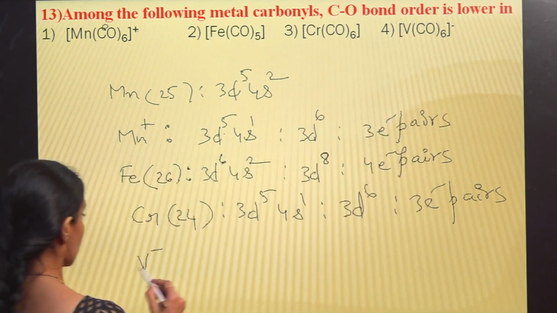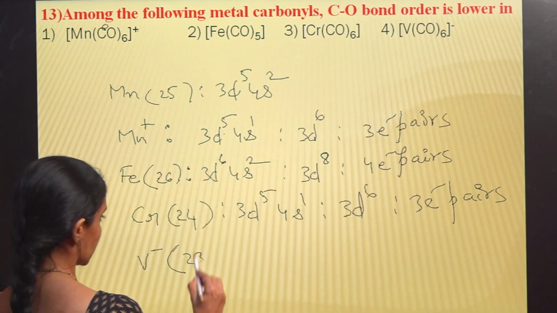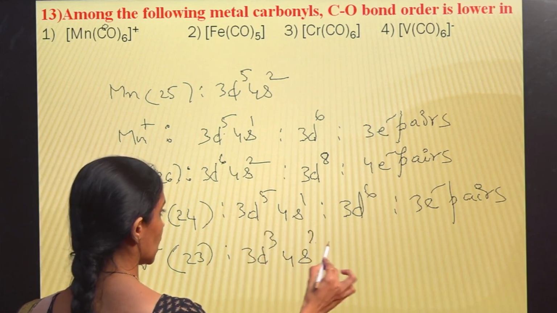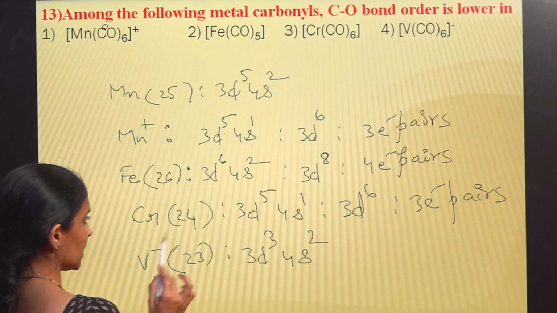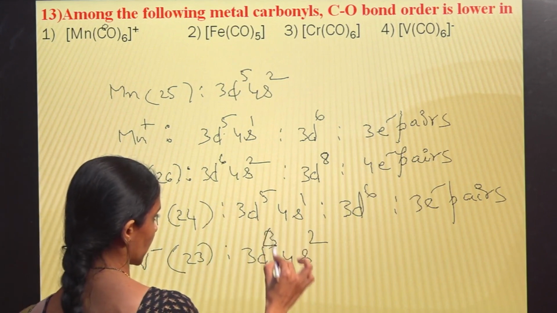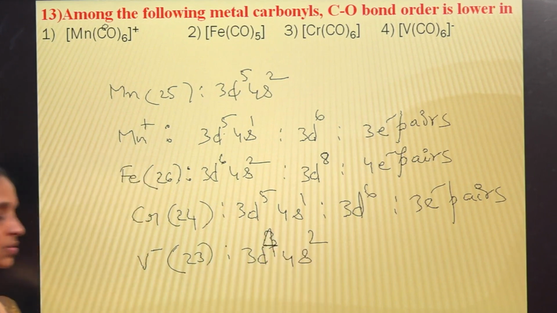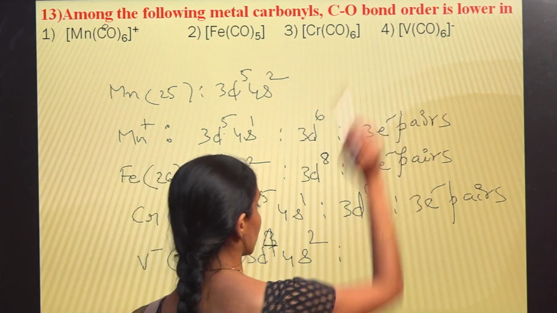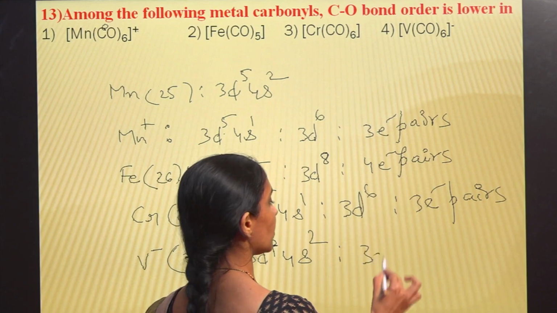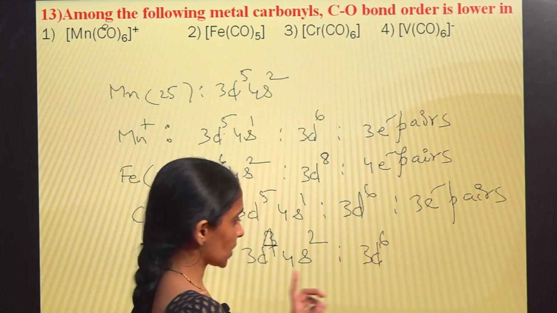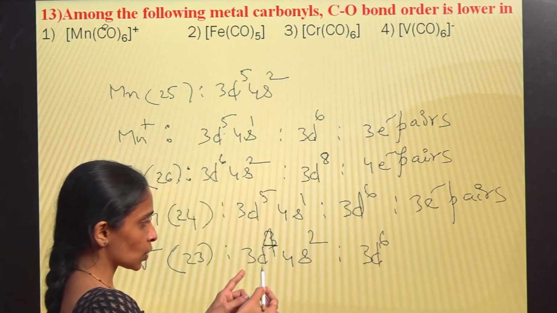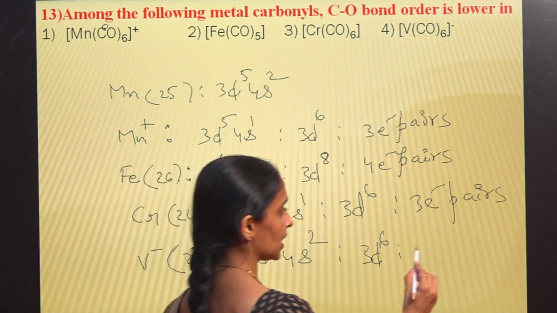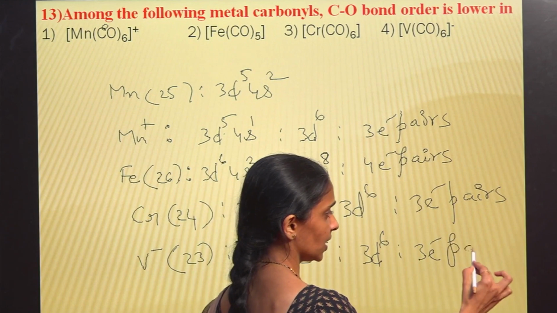Vanadium is 23, 3d3 4s2, but because of V minus, there is one extra electron. It makes it 3d4 4s2. Because carbonyl is present, by its influence it becomes 3d6. These two electrons also go to the d orbitals and electron pairing happens. How many electron pairs? 3 electron pairs.